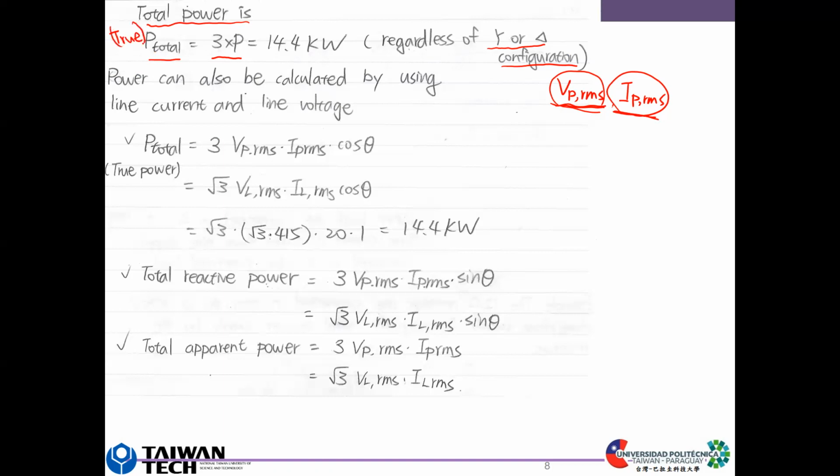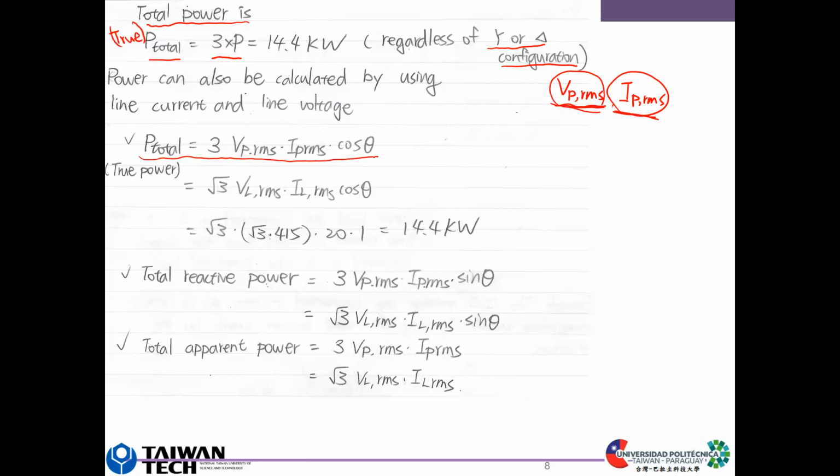The real power can also be represented by line voltage and line current. So this is the true power formula for phase voltage and phase current.